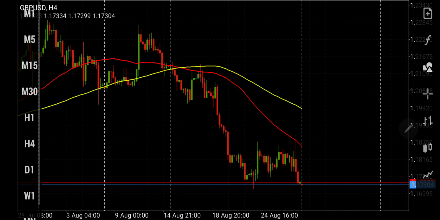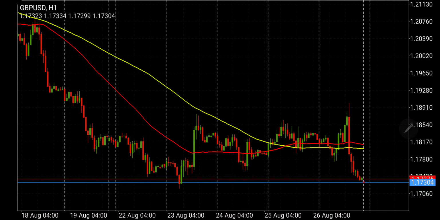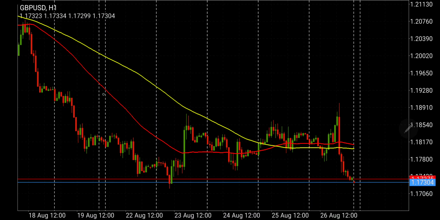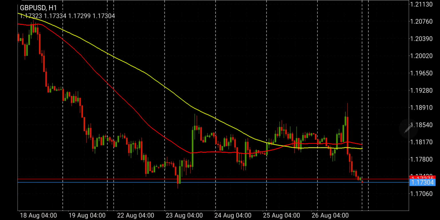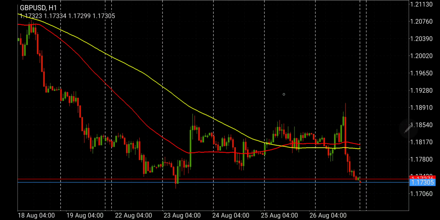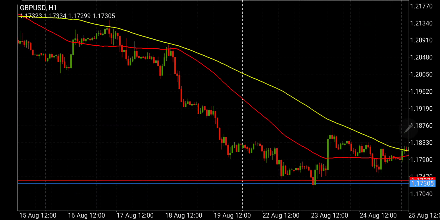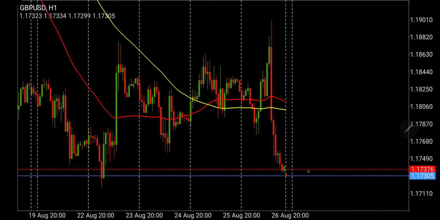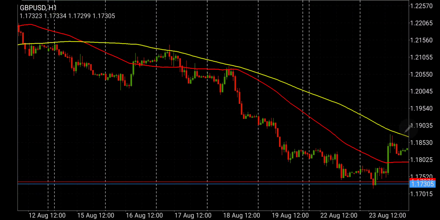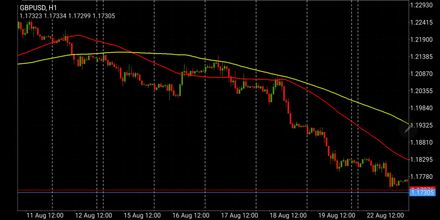So let's drop down to the H1, and between each two lines would be one week. This was the week that has ended today, because the market is now open. It's Sunday the 28th, and it's 5:40 at my time.